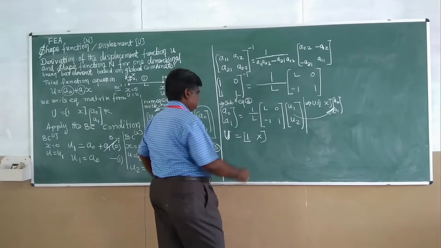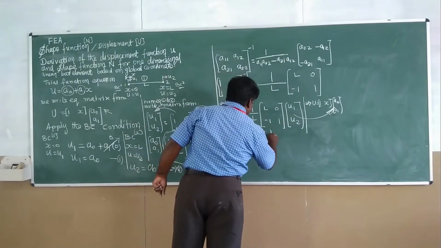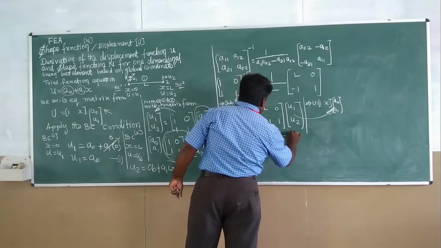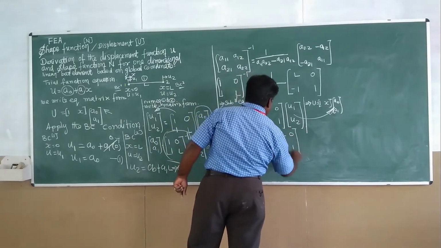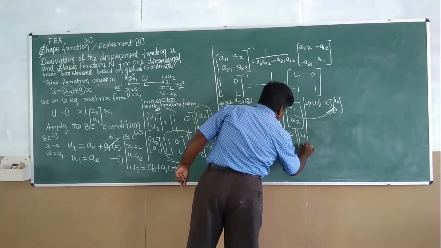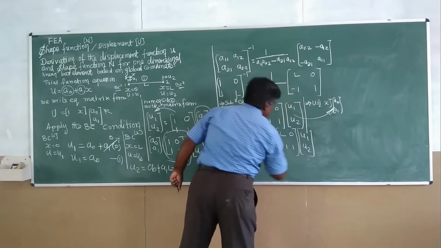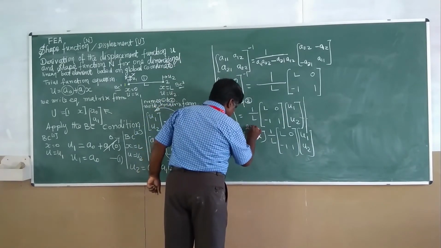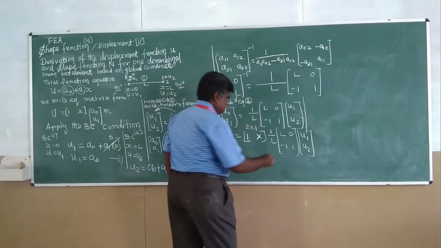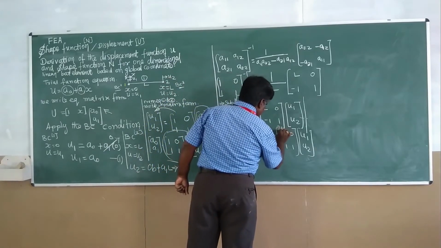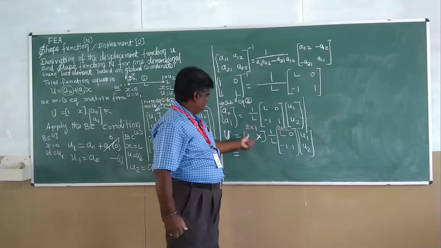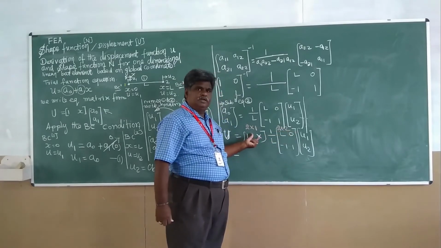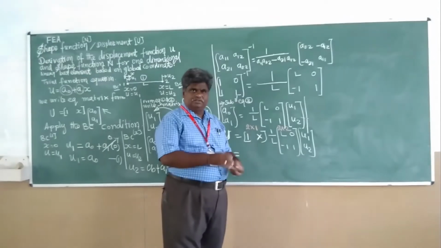So u equals 1 x, times 1 divided by L, times the matrix L 0, minus 1 1, then the displacement u1 u2. This is a 1 cross 2 matrix and this is a 2 cross 2 matrix, so multiplying them we obtain a 1 cross 2 matrix.